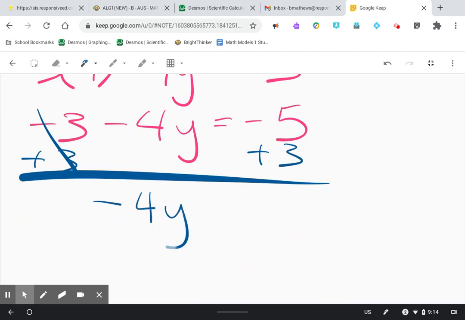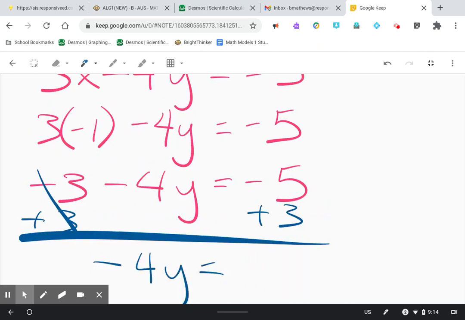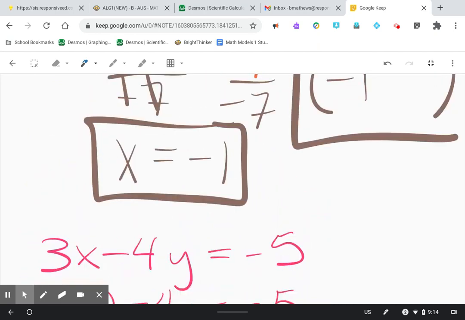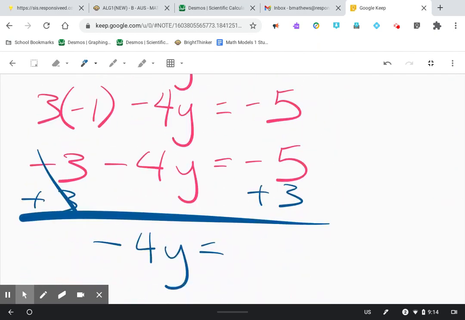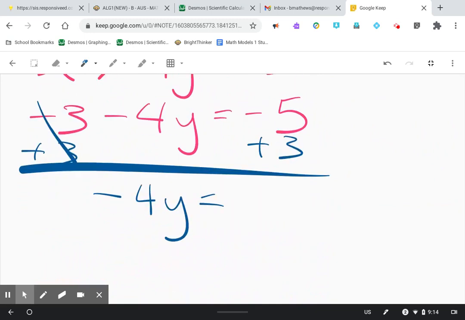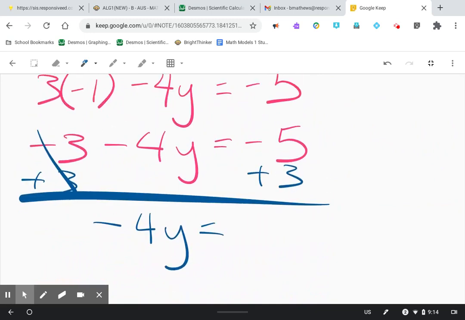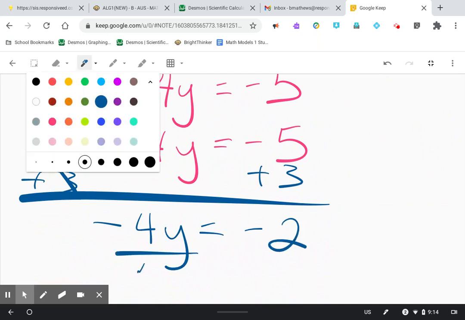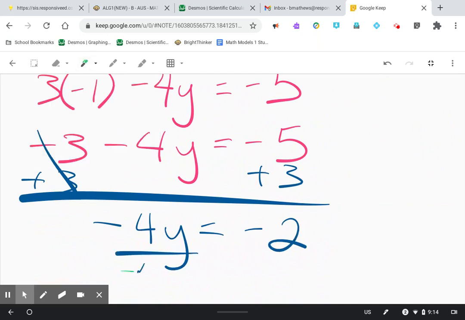Negative 4y equals negative 2, divided by negative 4. Those go away.